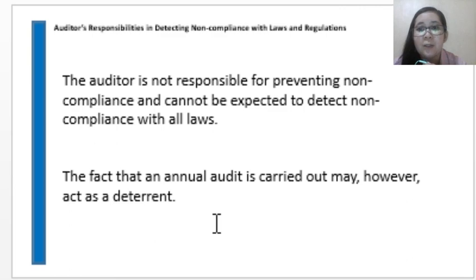So the auditor is not responsible for preventing non-compliance and cannot be expected to detect non-compliance with all laws. So here it is the responsibility of the management and those charged with governance. The fact that an annual audit is carried out may also act as a deterrent, meaning it will help the entity to detect or call their attention to the existence of non-compliance or if they did not comply with laws and regulations.